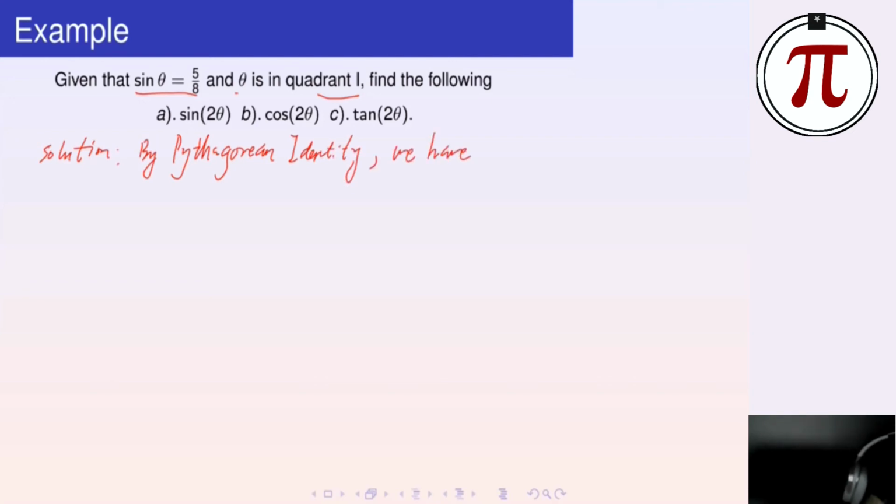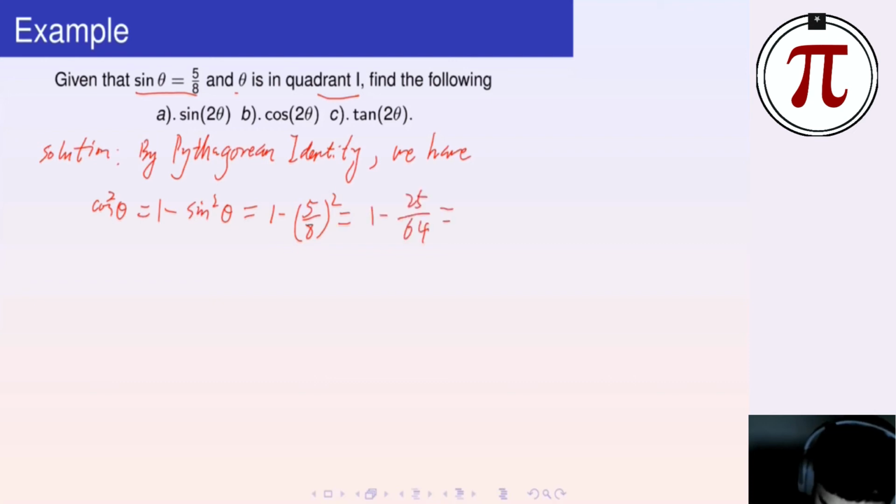We have cosine square theta equals 1 minus sine square theta equals 1 minus 5 over 8 squared, which equals 39 over 64, right?